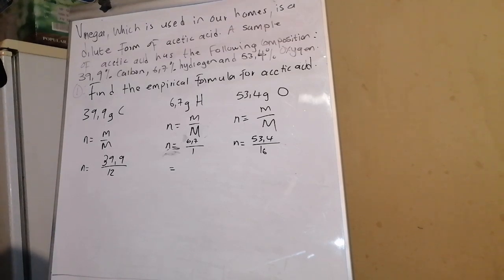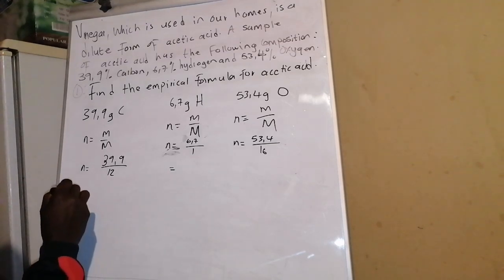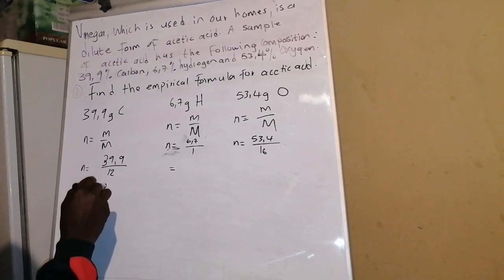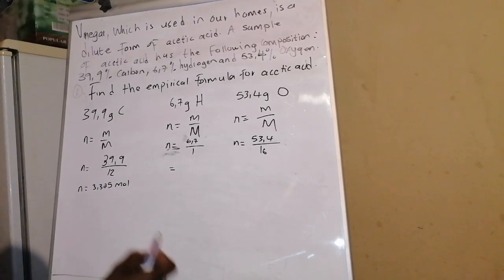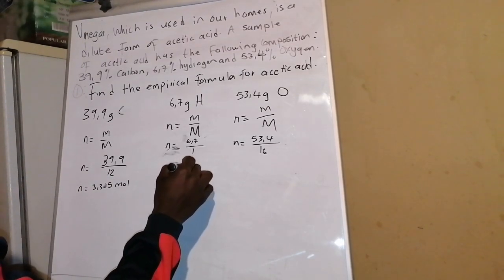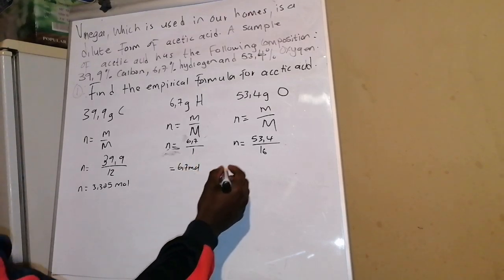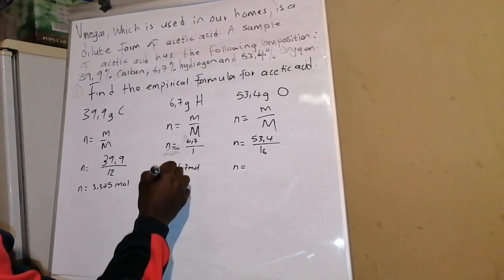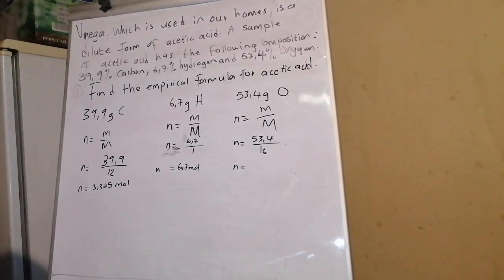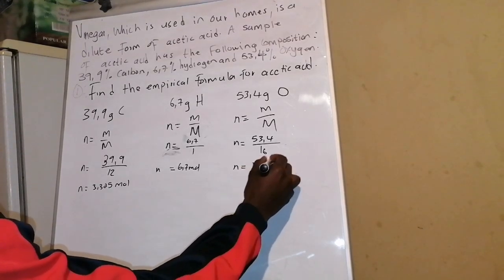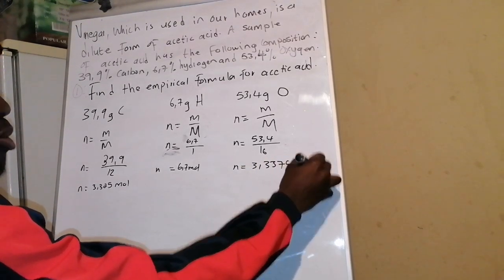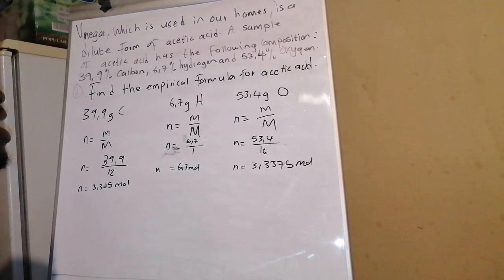We have 3.325 mole. Now here we have 6.7 moles since it is divided by 1. The number of moles here, 53.4 divided by 16, we are having 3.3375 mole.